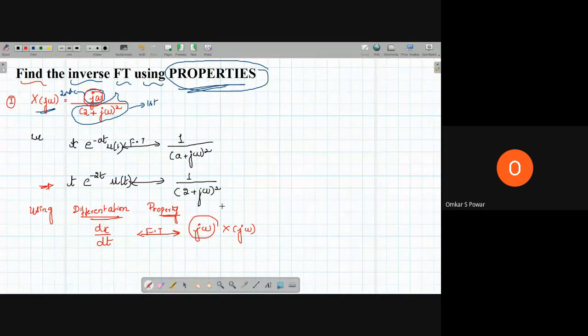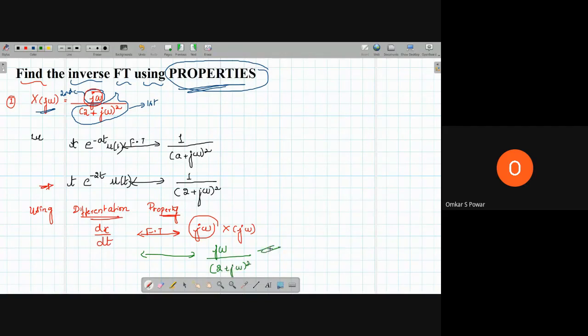Now, we have got 1 by (2 plus j omega) square, and we have got the corresponding time domain signal. But in the question, they have asked j omega divided by (2 plus j omega) the whole square. So on the right hand side, I will multiply by j omega, giving j omega divided by (2 plus j omega) the whole square.